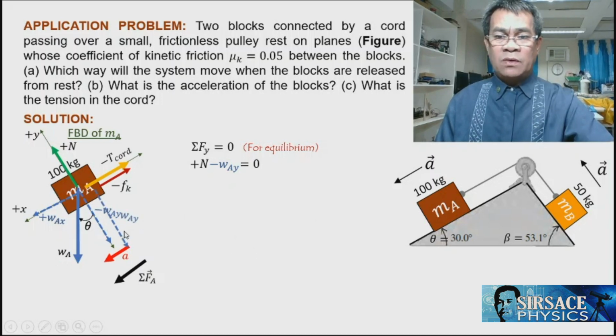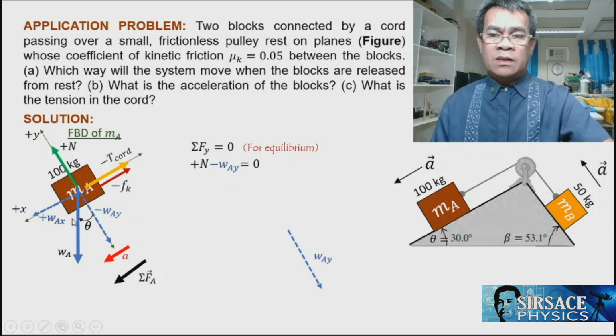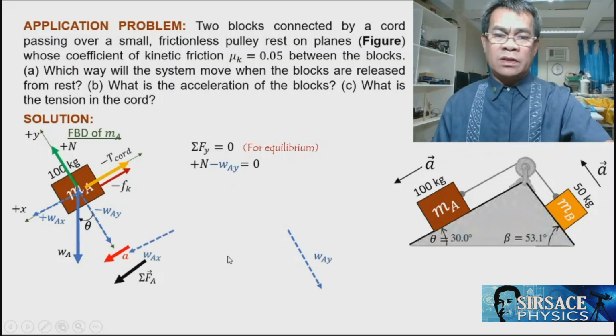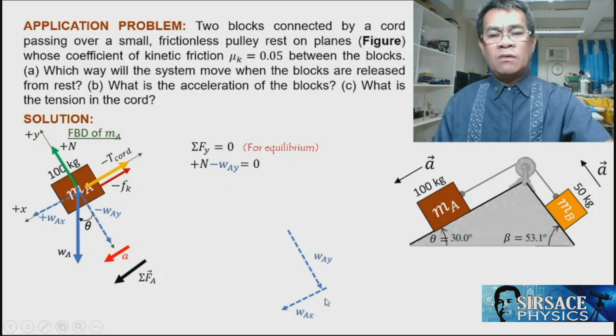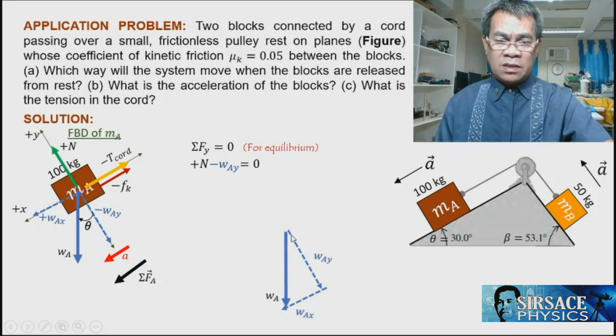So first we have to draw the parallel or equal vector of weight along y. Then also the x component, connecting it to the tip of the y component. Then from the tail of the y, construct the weight, or do the equal vector of this weight. Then make it a triangle. So this is now a closed polygon.